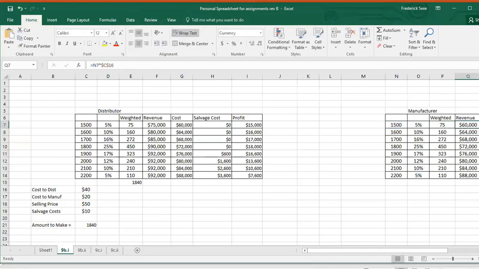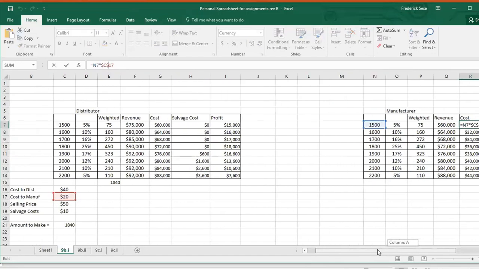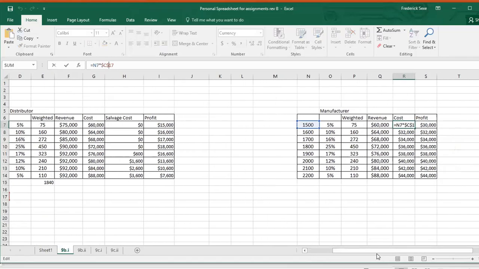You run it all the way down, and that's what you got. And then cost is 1,500. I'll click in here again so you can see the cells. Let's see if I can get it all in there. Okay, so yeah, we can. So it's 1,500 times the cost of the manufacturer. Okay, and profit is basically revenue minus cost.